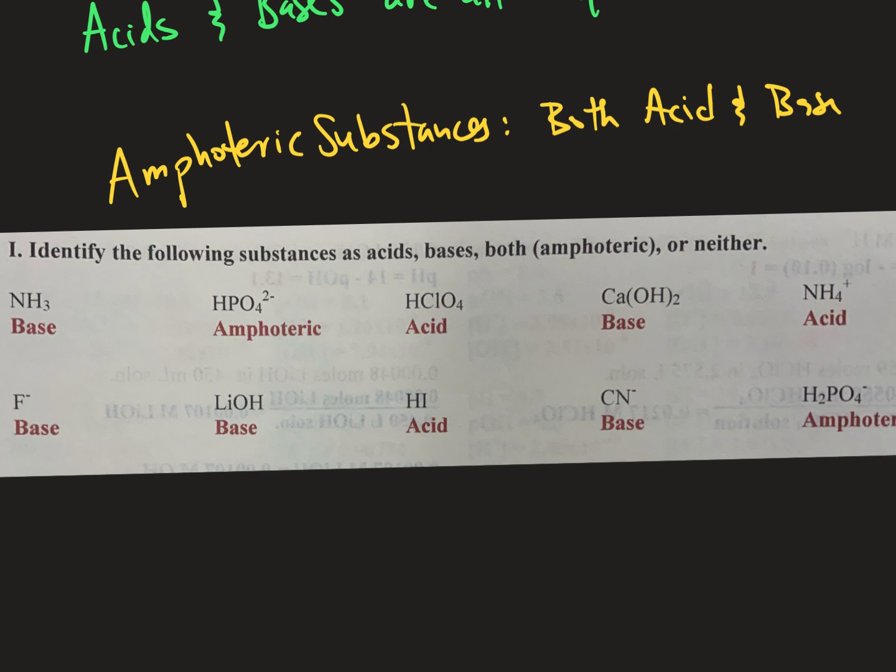It could still donate that, and what makes it an acid, it's a hydrogen ion donor, or a proton donor, right? That's why that's an acid. Why is it a base? Because it has a negative charge. And a negative charge is attracted to positive charges, so it can accept a hydrogen ion. That's what makes it a base. Since it could be both an acid or a base, we call it amphoteric. Good? Anything else?